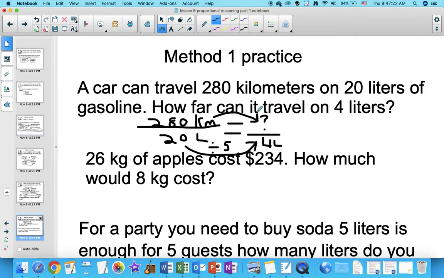So I also have to divide 280 by 5. 280 divided by 5 is 56. So I know that I can travel 56 kilometers on 4 liters of gas. Sorry, the mouse is not working for me. And that's all you have to do.